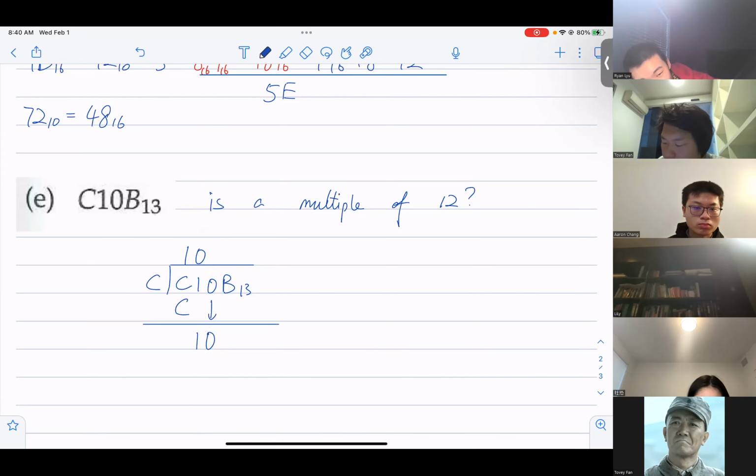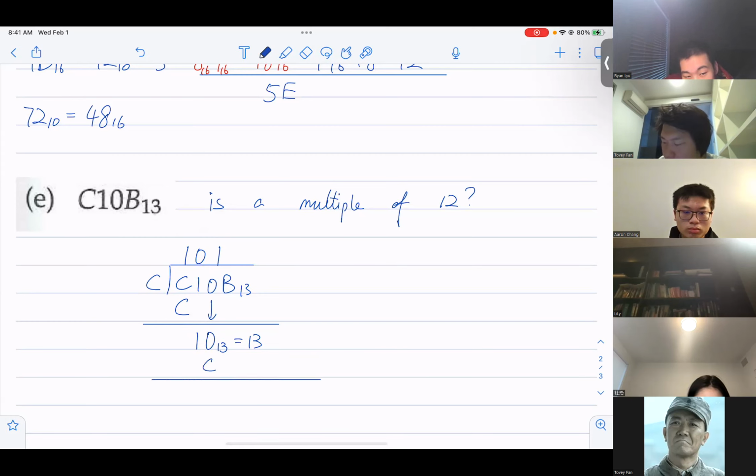This is 1 0 in base 13, which means you have a 13 here, okay? C is 12, so you're gonna put another one, and you're gonna subtract a C from 1 0, which is 13, or just 1 0 minus C, obviously is just a 1, right?